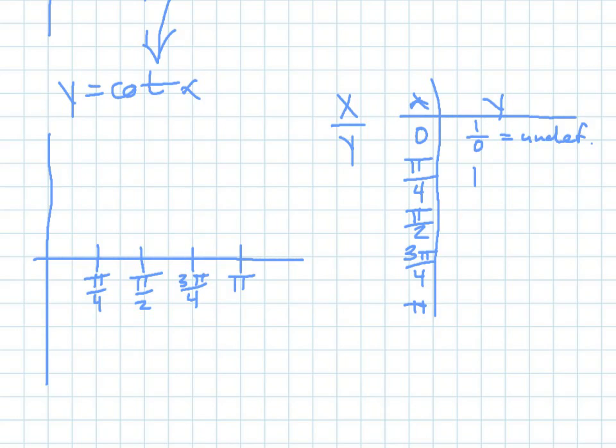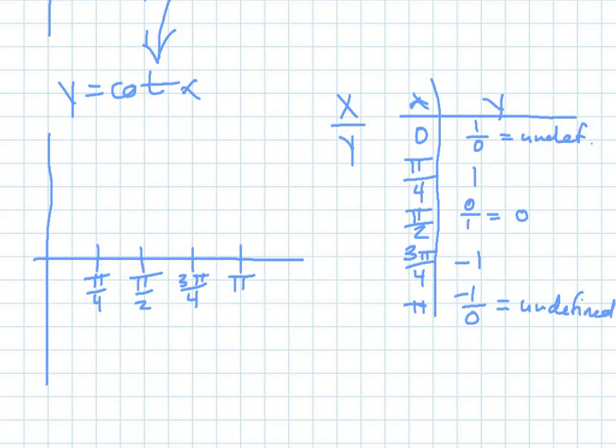Pi over 2, now here it's 0 divided by 1, so that gives me 0. And then 3 pi over 4 will be negative square root of 2 over 2 divided by square root of 2 over 2, so it gives me negative 1, and then pi will be negative 1 over 0, which is undefined again.